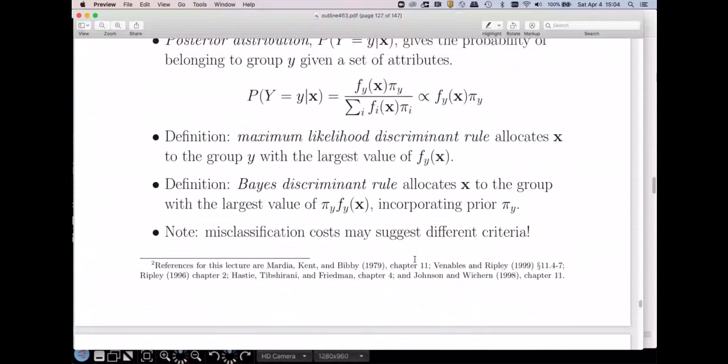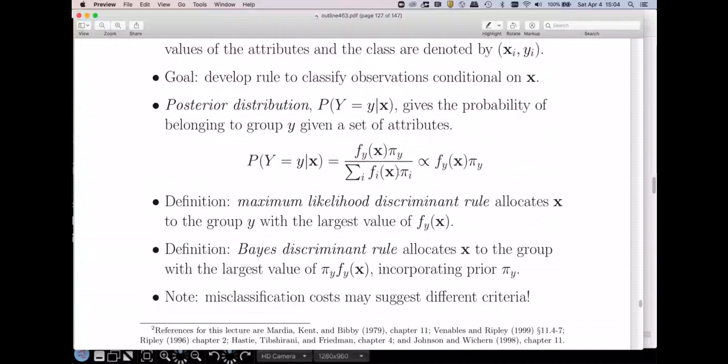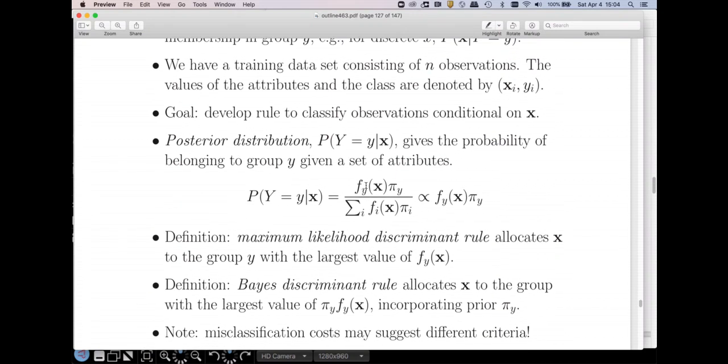That denominator is just a constant, and therefore it's the same for all classes. So an equivalent way is just compute the numerator and assign it to the largest numerator, because if I divide that numerator by the same constant across all my groups, it doesn't change my allocation, the group I assign that to.